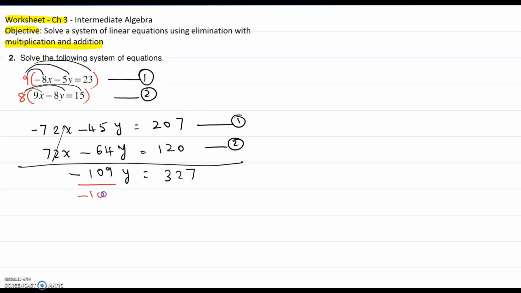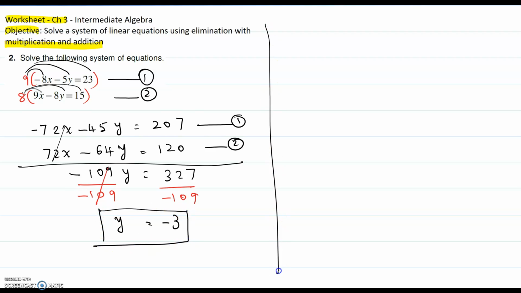In order to isolate the y, you divide both sides by negative 109. So we get y equal to negative 3. So 109 goes into 327 3 times, which you can verify in your calculator. So y equals negative 3.